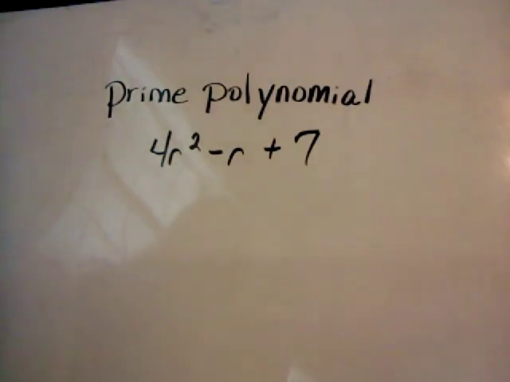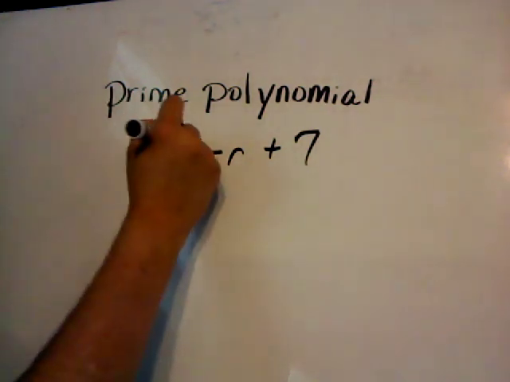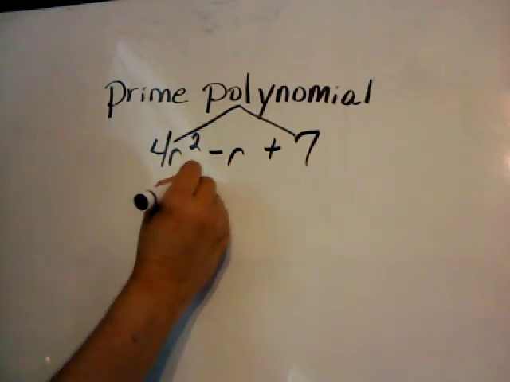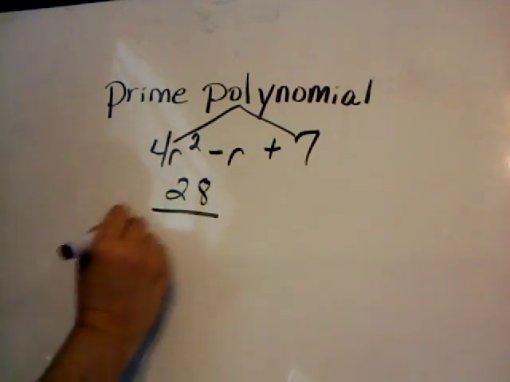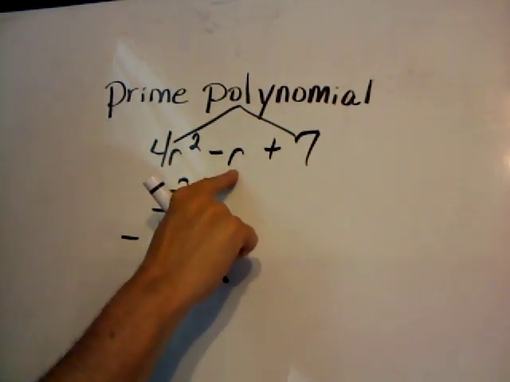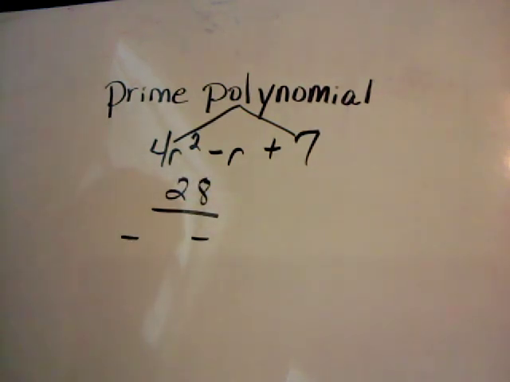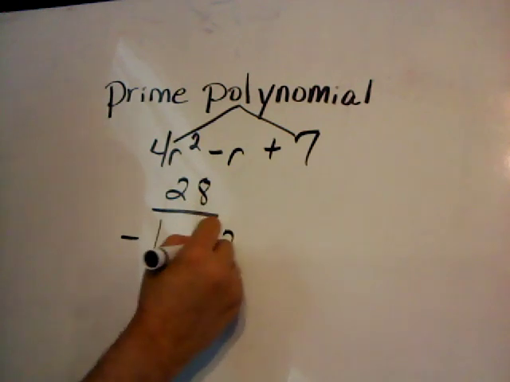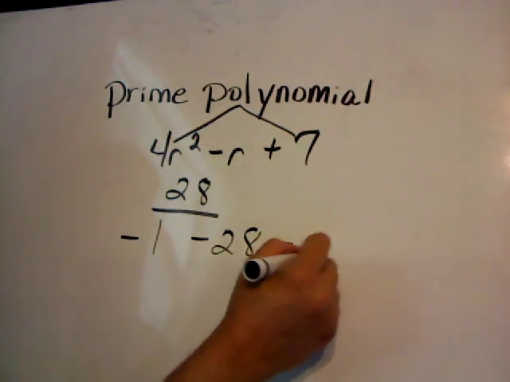Okay, let's look at guided practice 3a. And we have 4r squared minus r plus 7. So 4 times 7 is going to be 28. I need two negatives. When I put them together, I'm going to get a negative 1. So if I think of this, I'm going to have 1 and 28, which is going to give me a negative 29.